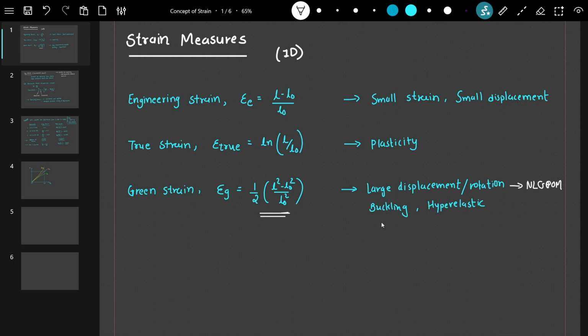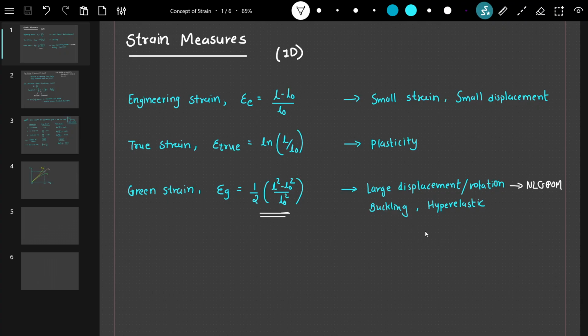In this case Green strain is used, and in hyperelastic problems also Green strain is widely accepted. The reason, we will see in our hyperelastic lectures. Hyperelastic materials, if you are aware, are defined in terms of a strain energy density function, which is a function of some strain measures.